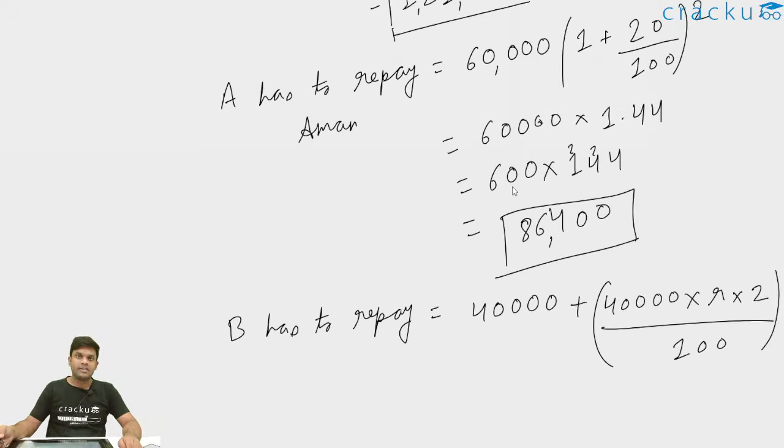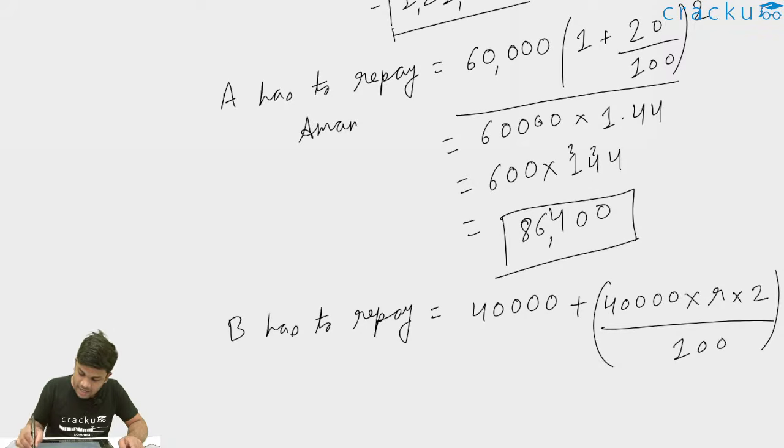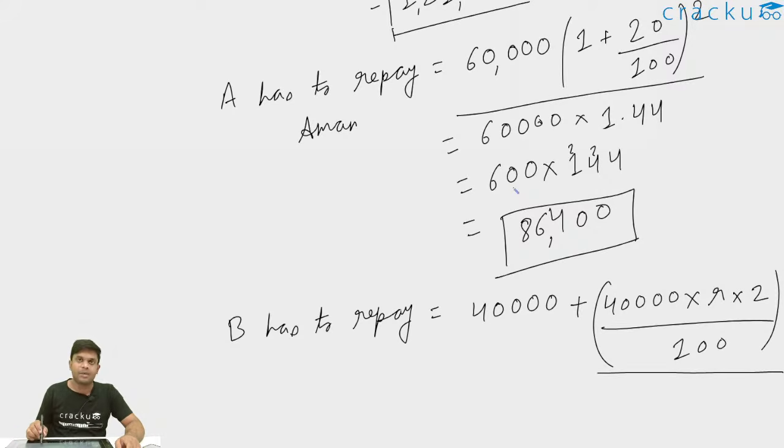In compound interest, the principal and the interest part both are calculated in the single formula. But in simple interest, this is the formula, which is P into R into T by 100. The formula of simple interest only gives us the interest amount, not the principal plus interest. So the amount of money that B has to repay should be principal plus interest. So principal is 40,000 and interest we can calculate by the formula. So that's why I have written it like this.